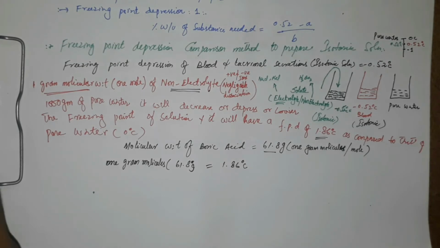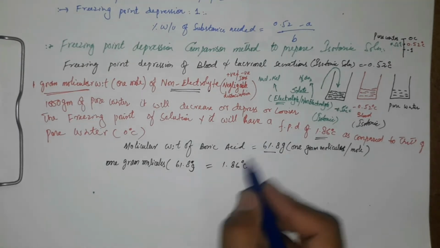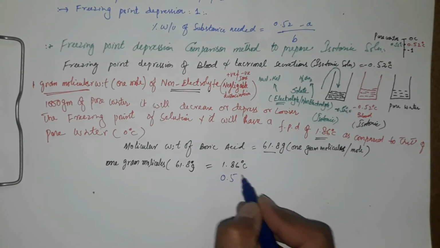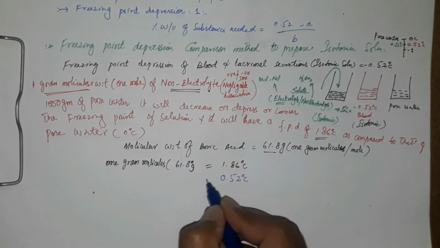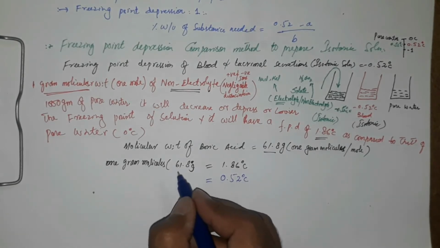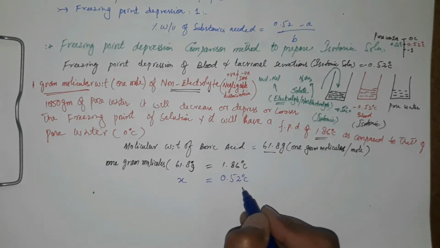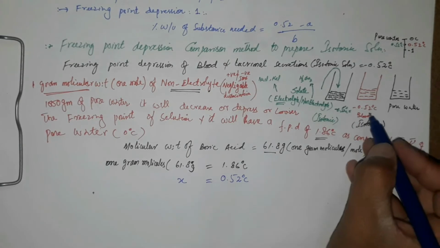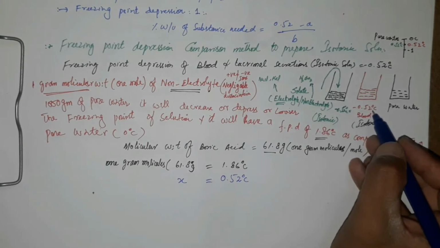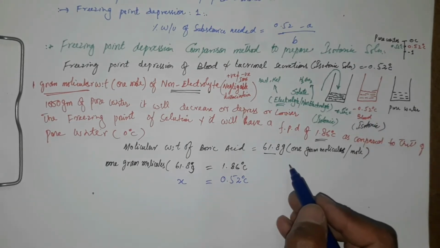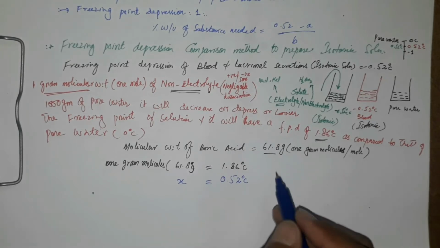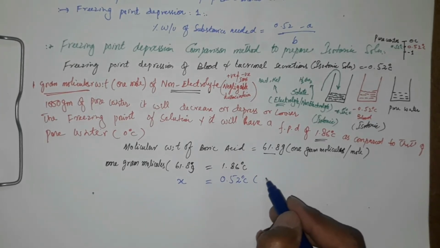But we are concerned with a freezing point depression of 0.52 degrees centigrade. What will be the quantity of boric acid required to produce this much freezing point depression? Because 0.52 degrees centigrade is the freezing point depression of blood, or an isotonic solution.